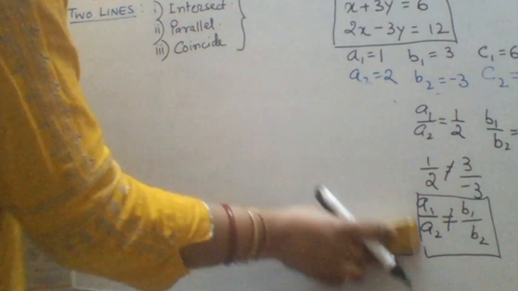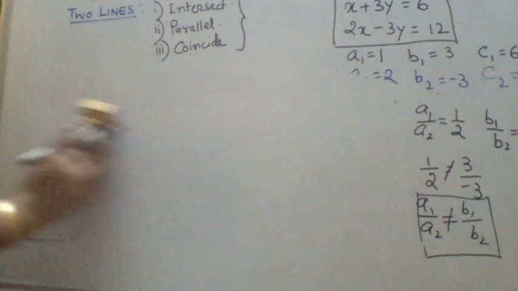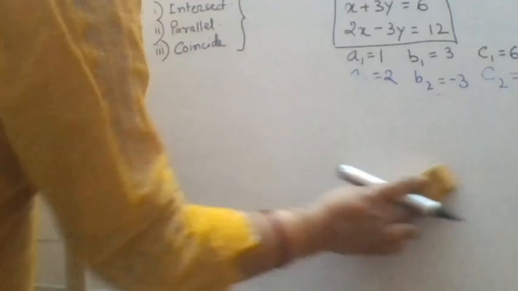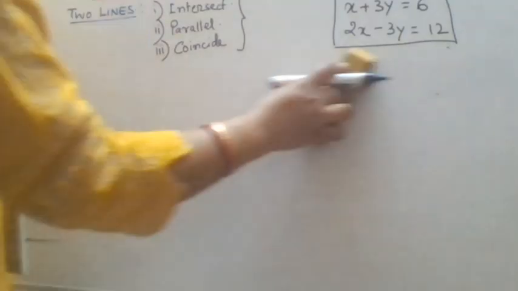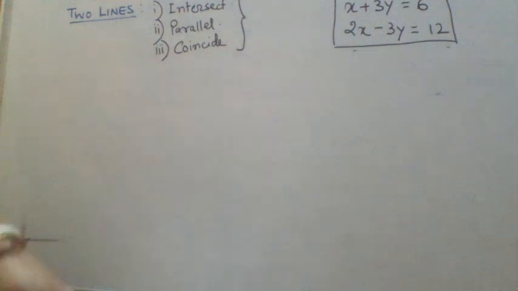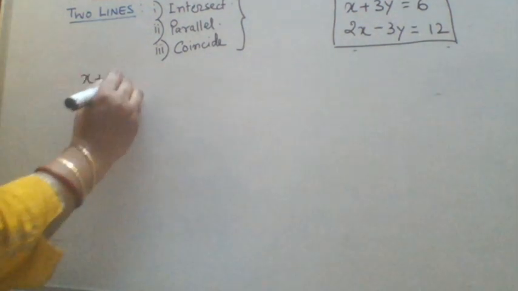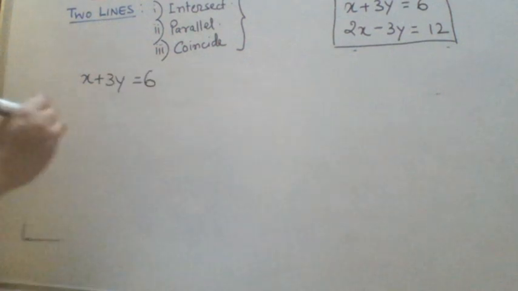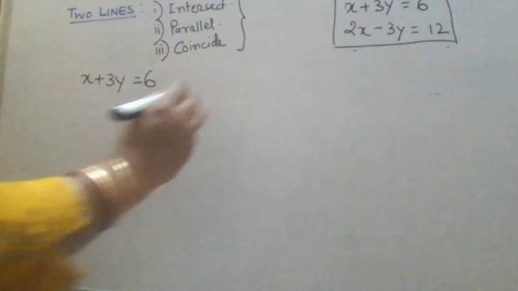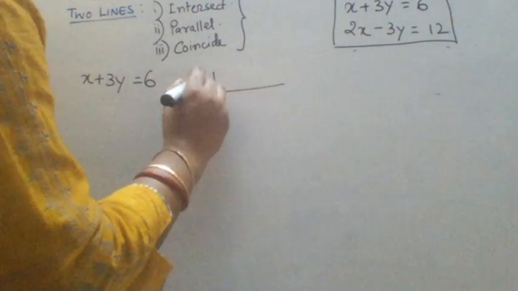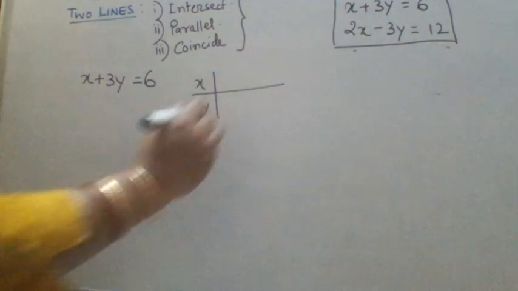Now we will find out the points for these equations. Okay, so the first equation is x plus 3y equal to 6. What we do here, we will take one table. This is x and y.